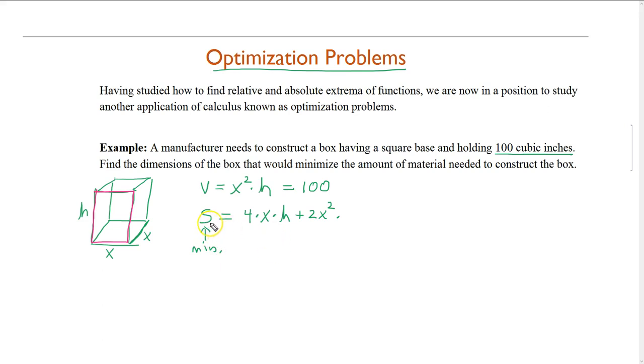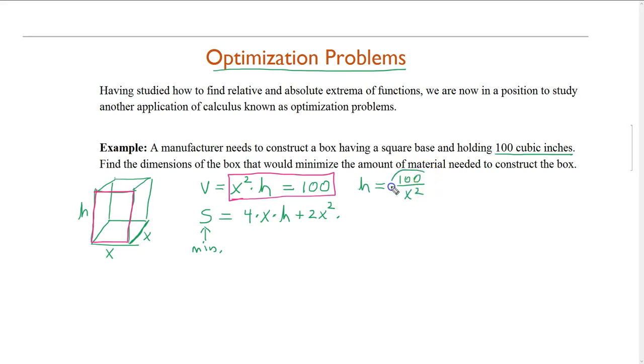And it would be nice if we could have this S only in terms of one variable, because we know how to minimize a function of just one variable. That's what we've been studying when we find relative and absolute extrema. So how can we get rid of one of these variables? Well, if we look back to this equation up here, we see that we can write H in terms of X. Notice that H is 100 divided by X squared.